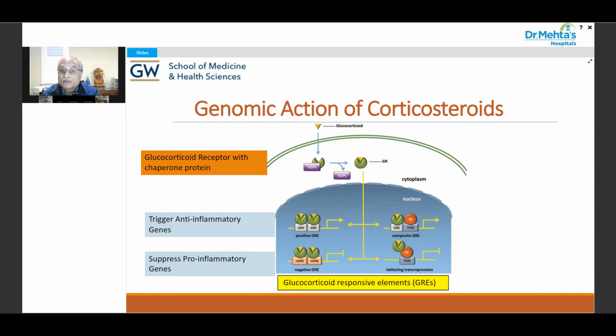And it does two things. It suppresses the pro-inflammatory genes and triggers an anti-inflammatory gene response. So suppressing the pro-inflammatory part and triggering the anti-inflammatory part, that's how they work. The transit time from here to here and the response that we develop is about 30 minutes.